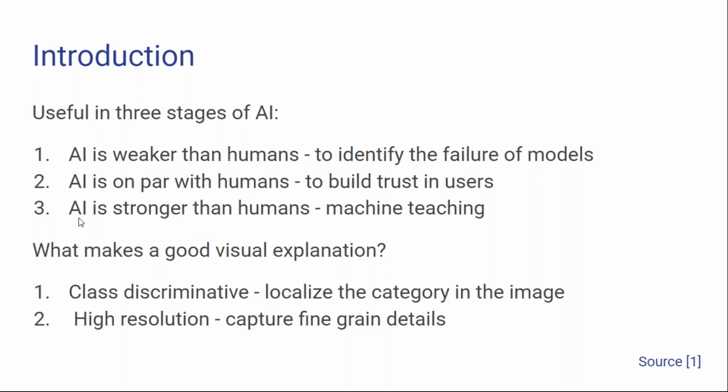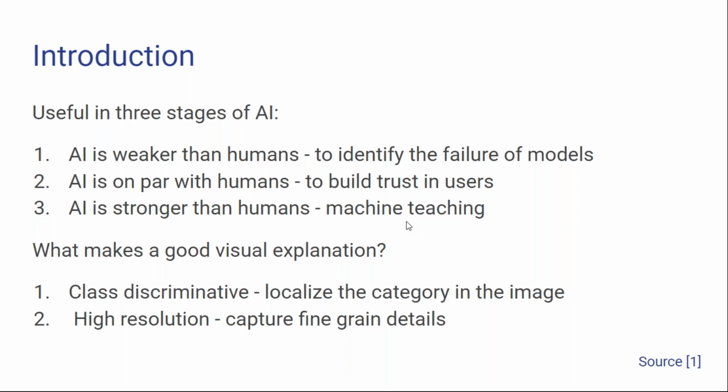Another stage where we will be going is that AI becomes much stronger than humans. For example, in games like chess and Go, AlphaGo, maybe you're aware of it, where the AI machines defeat humans. But what benefit do we get from such an interpretable model?